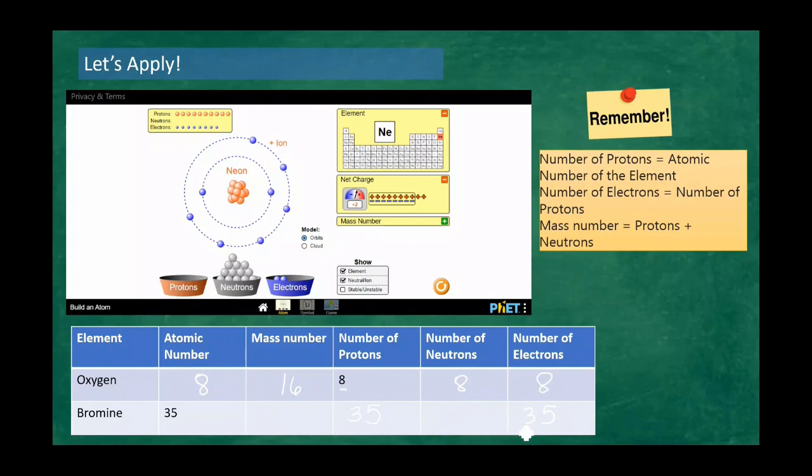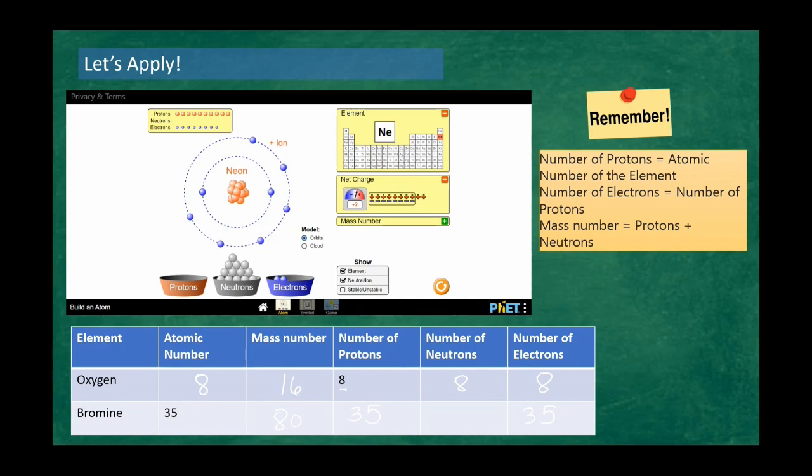And then, with that, you will look at your periodic table. Bromine, we have 79.91. So you will write 80, rounded off to a whole number, and 80 minus 35.